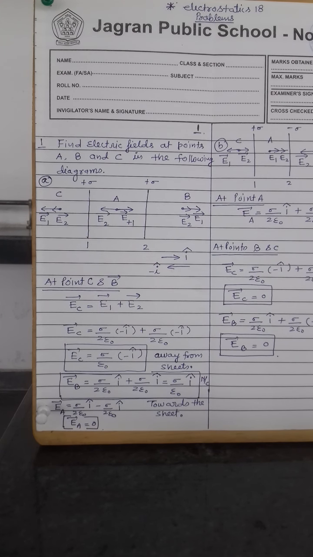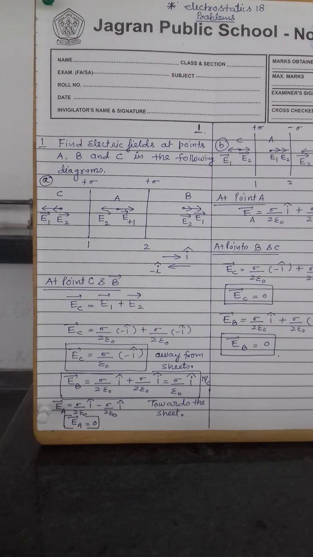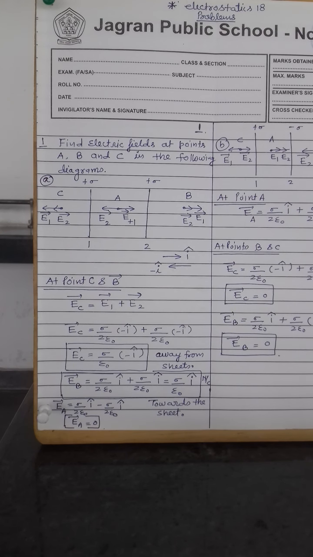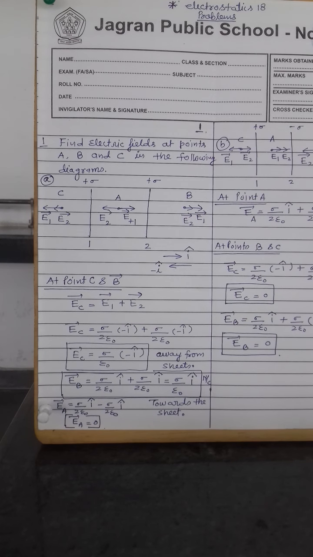First of all, you should know the formula for calculating electric field due to the plane sheet of charge, which is sigma upon 2 epsilon naught. For positive plate, field is perpendicular to the sheet, away from the sheet.